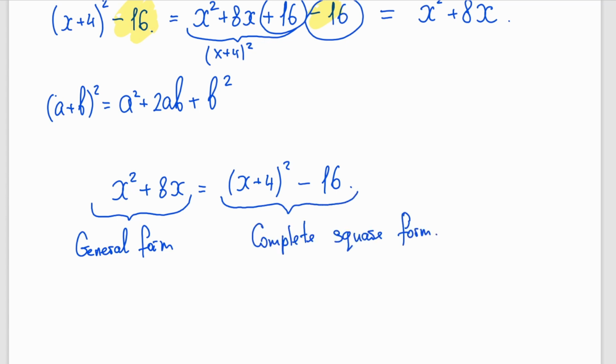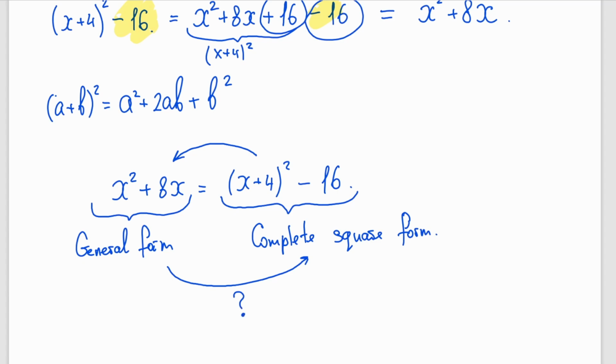But in this example, we moved from the right side to the left side, from the complete square form to the general form. But now the question is, how can we possibly move from the left side to the right side, from general form to the complete square form?